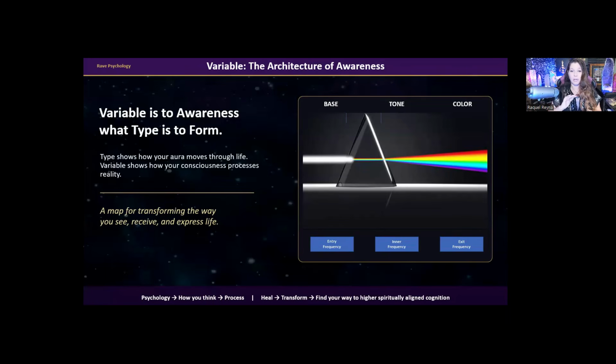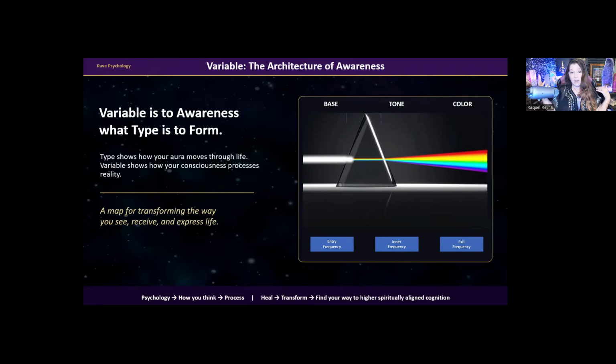So variable is to awareness, or you could even say your consciousness. What type is to form, meaning your human design type, whether you're projector, generator, manifesting generator, to your body and to your form. So that's how the aura operates. The generator brings life in, the manifester is initiating, making contact, moving things away.